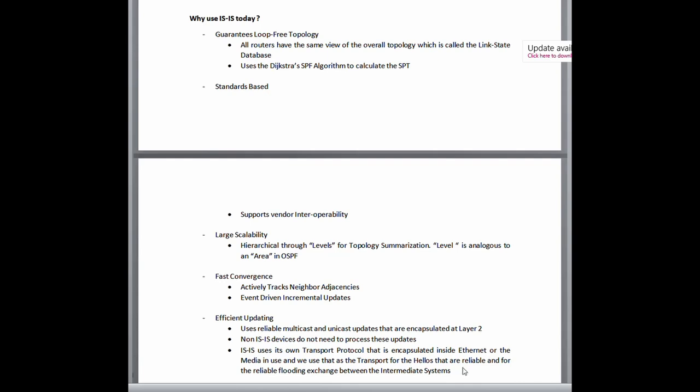It also supports fast convergence through actively tracking neighbor adjacencies, and it only sends event-driven updates and doesn't flood the network with topology information or routing updates every few seconds. It has an efficient updating mechanism, i.e. it uses reliable multicast and unicast updates that are encapsulated directly at layer 2.